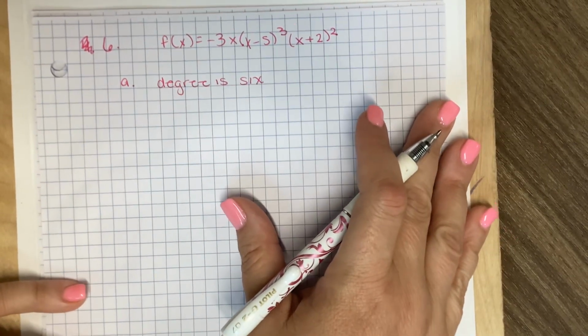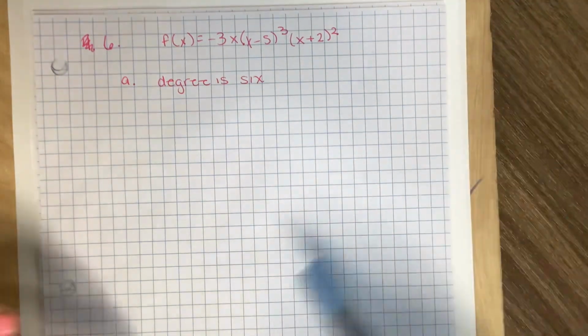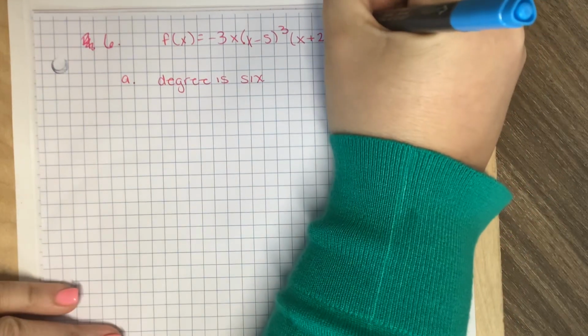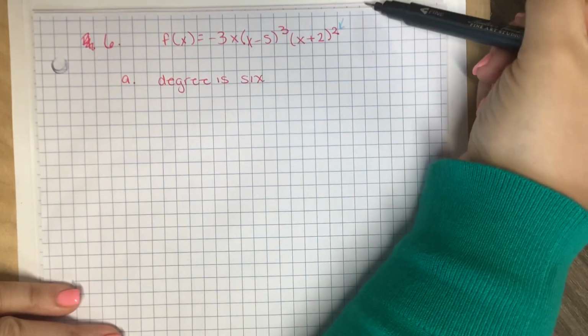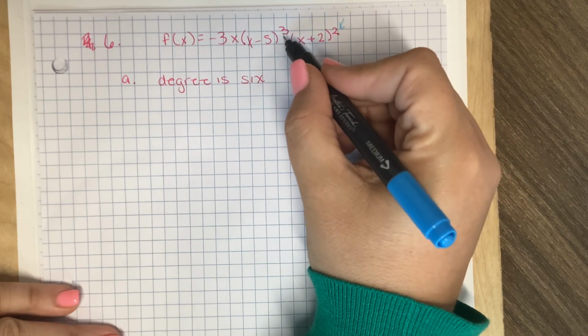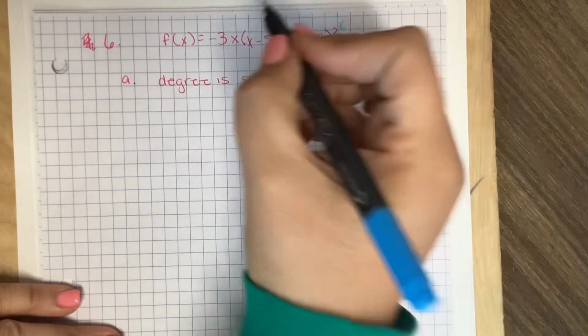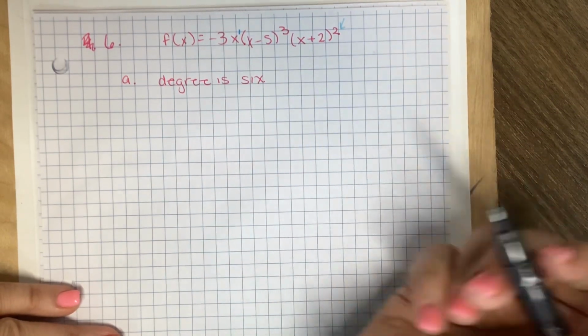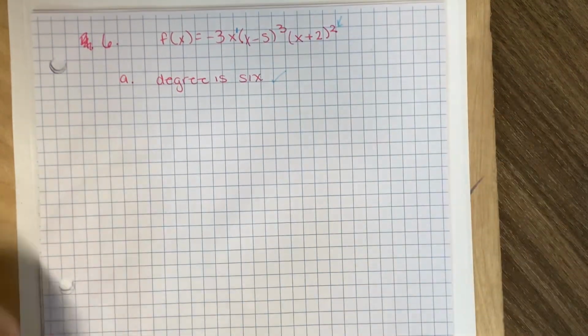And here's why, just in case you're not sure. What's this exponent degree here? It's 2. 2 plus 3 plus 1 is 6. This is a 6th-degree polynomial.